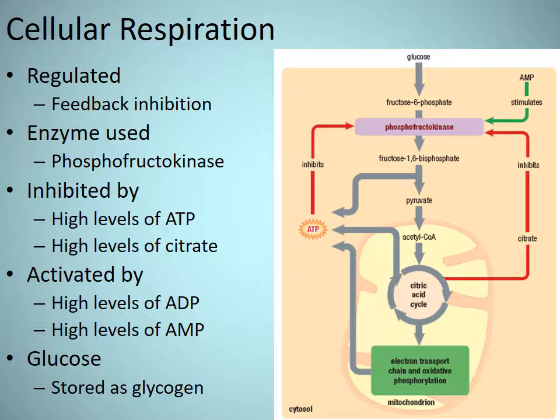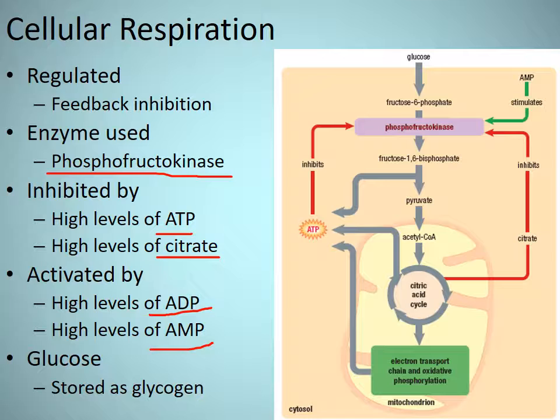Well, one of the enzymes here that will be regulated, and this will again be a test question, is phosphofructokinase. It will be turned off when there's high levels of ATP or high levels of citrate. Again, phosphofructokinase will be turned on because there's high levels of ADP or high levels of AMP.